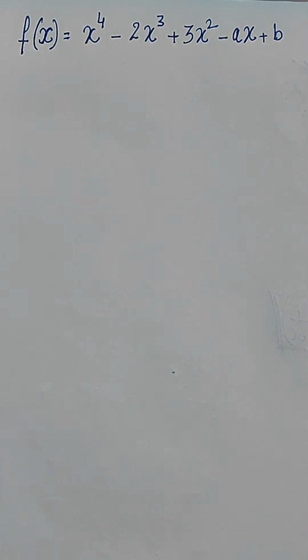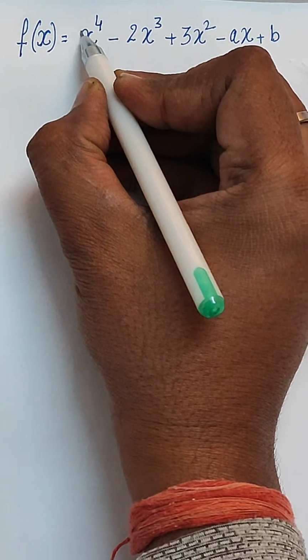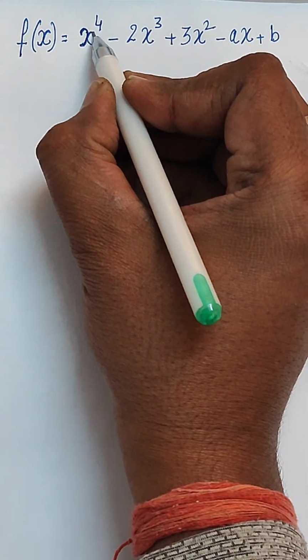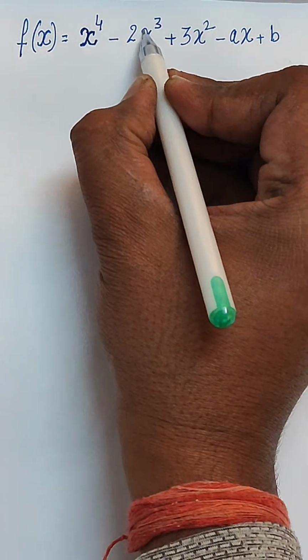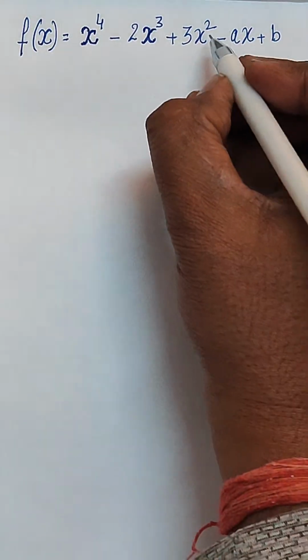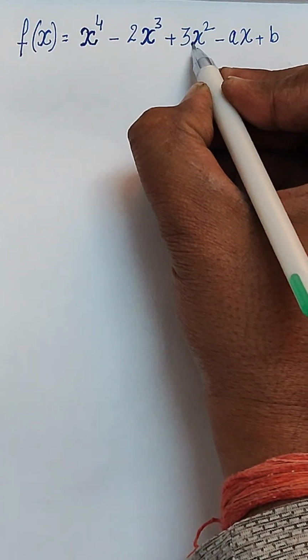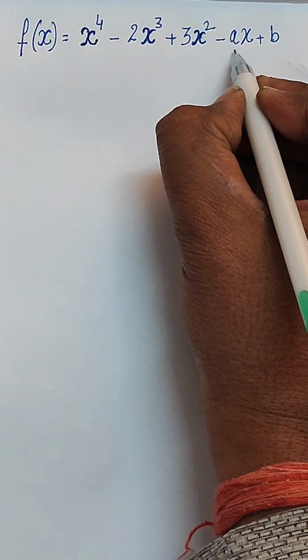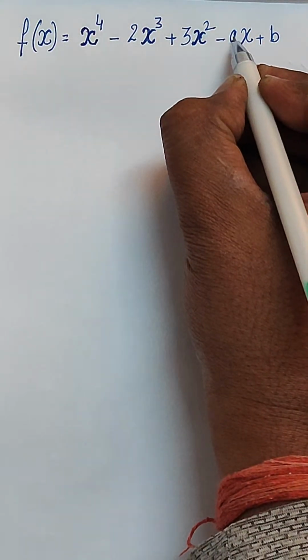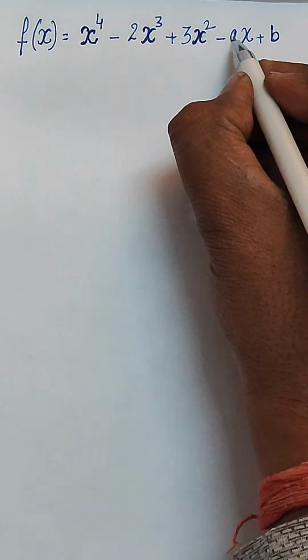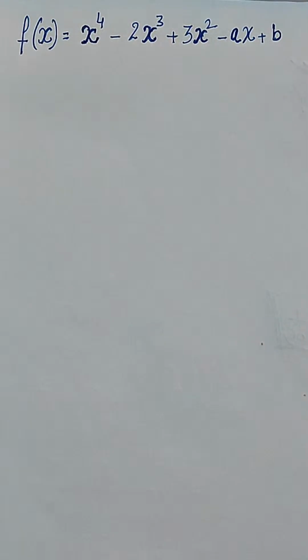You can see this is a polynomial where a variable x is introduced. So x is there everywhere, and apart from x, there are two unknown terms over here. What are they? A and b.